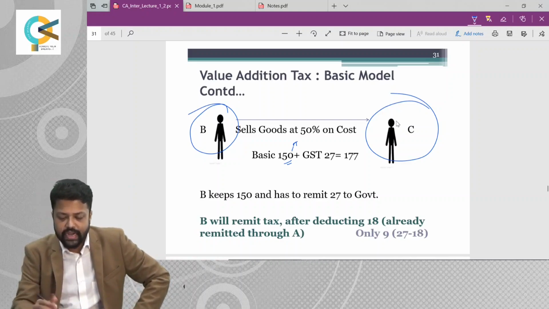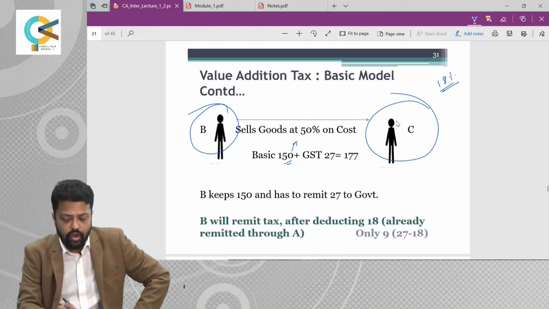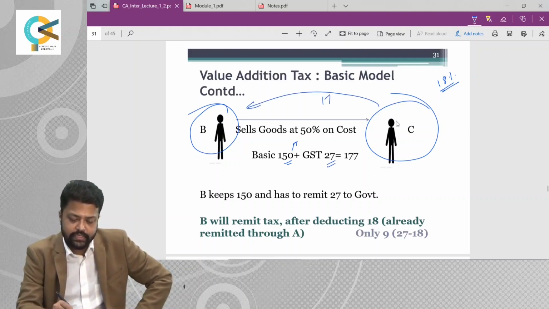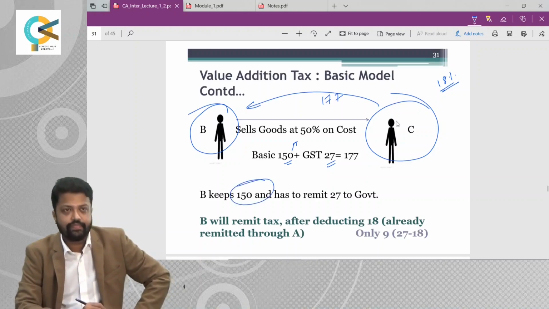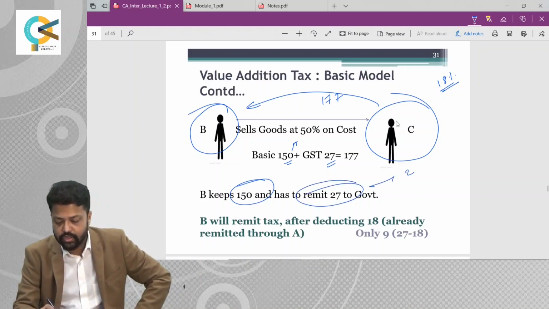He charges 150 rupees to Mr. C, and on that the rate is the same 18%. I am assuming this rate here. So on 150, 18% comes to 27. So how much money will B get from C? The answer is 177, out of which B will keep rupees 150 for his goods value and has to remit rupees 27 to the government.